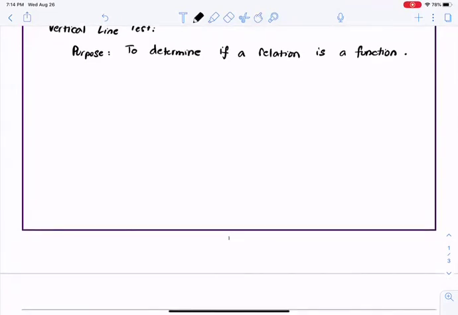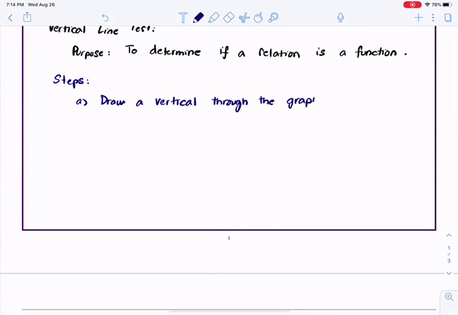Obviously, it's called a vertical line test, so it must have a vertical line. So how do we do this? We have to draw a vertical line through the graph of a function. I would say relation.